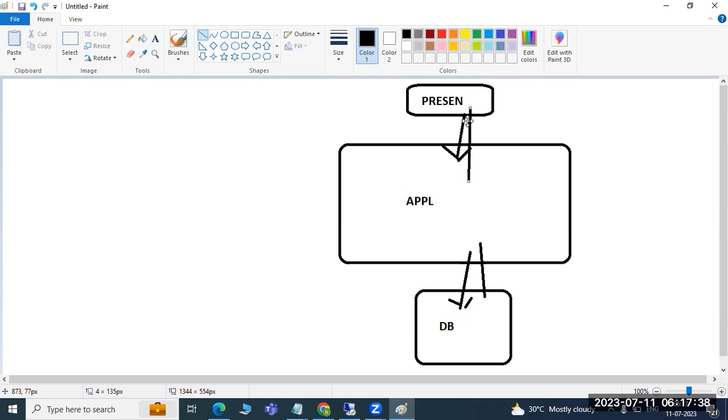That is called client server architecture. They separated the presentation, the application, and the DB as well. That's why we call this the successful architecture. So SAP is now the R3, three-tier architecture.